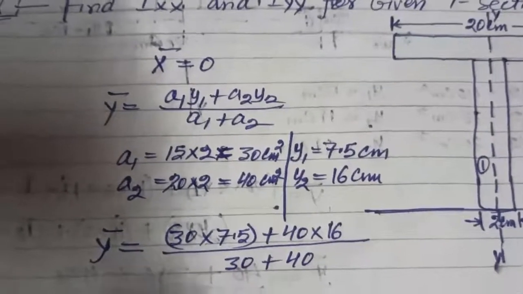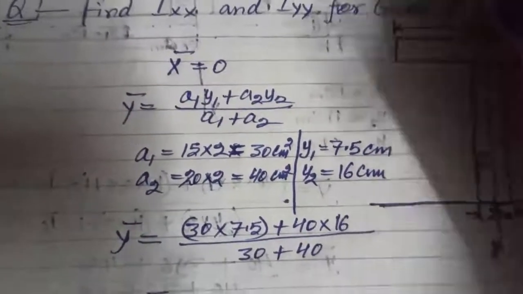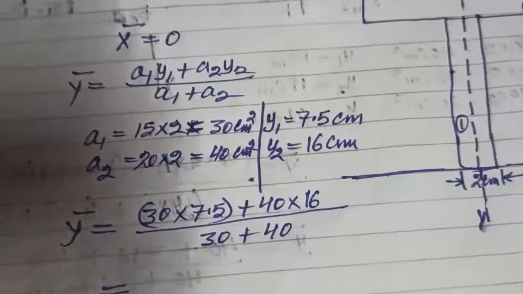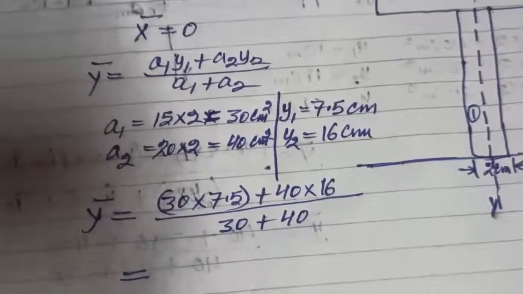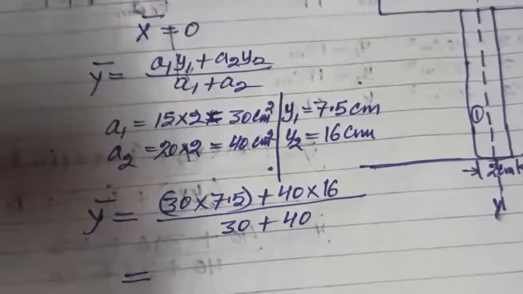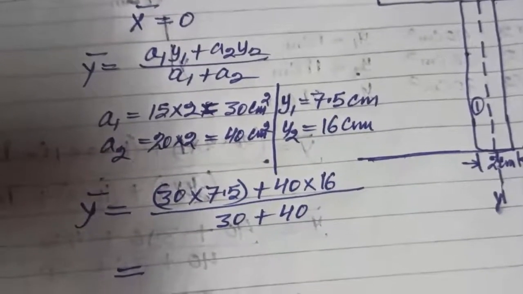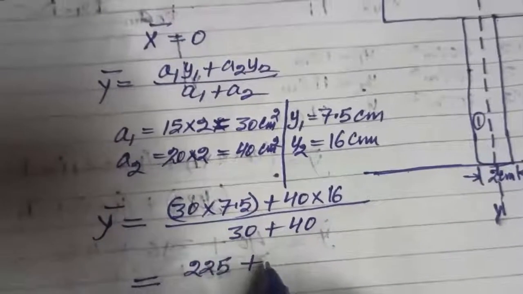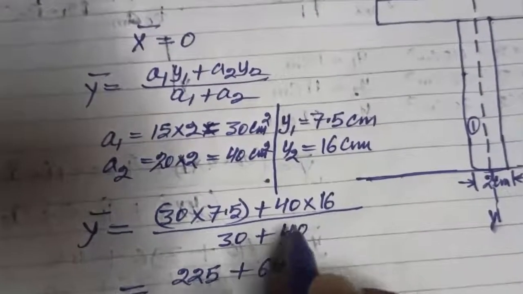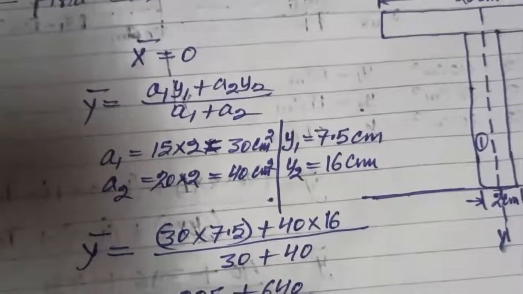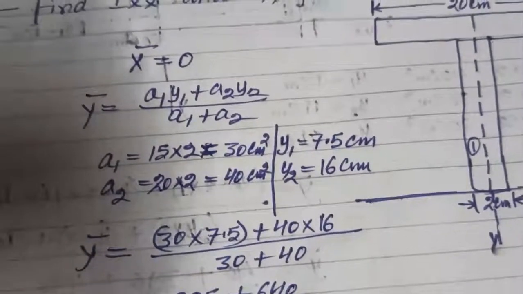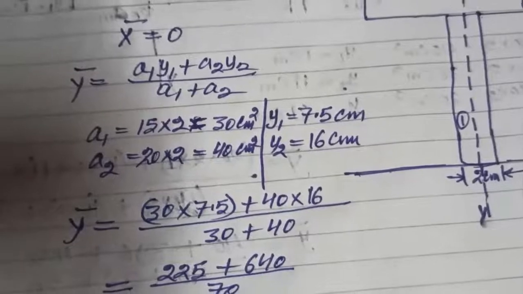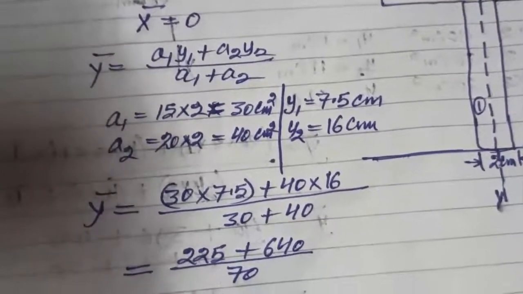So on calculating, 30 multiplied by 7.5 is 225, plus 640, divided by 70.